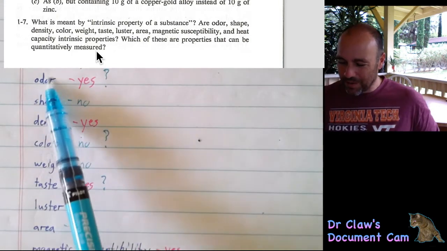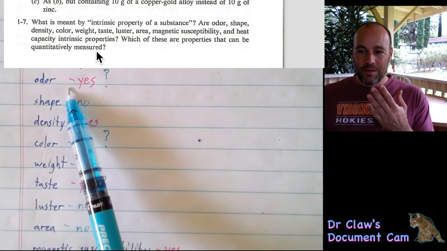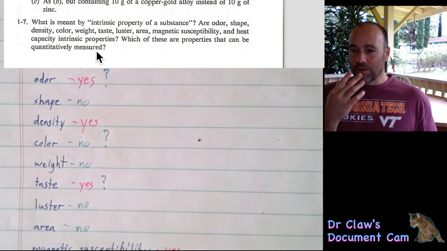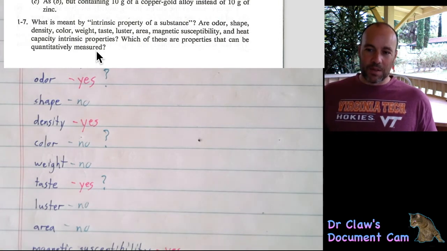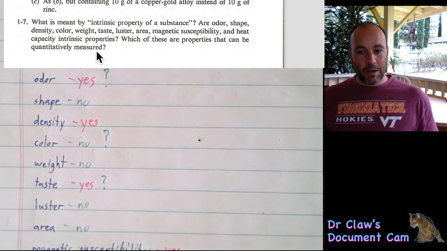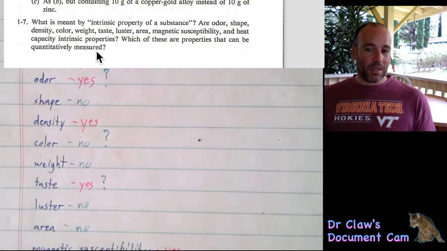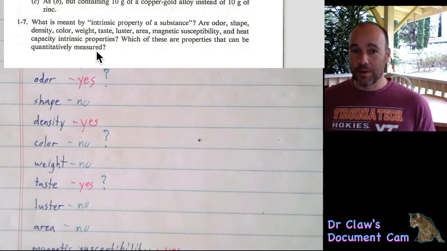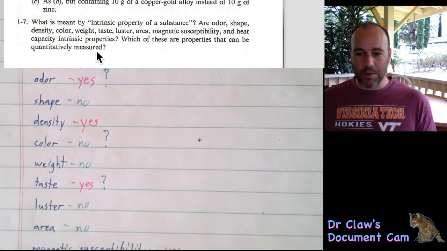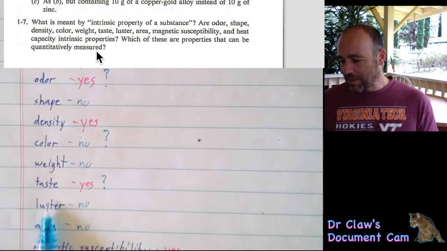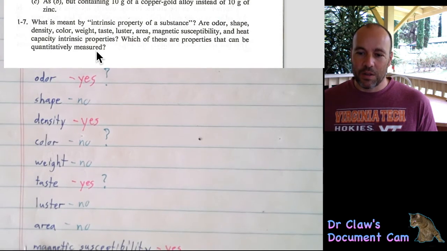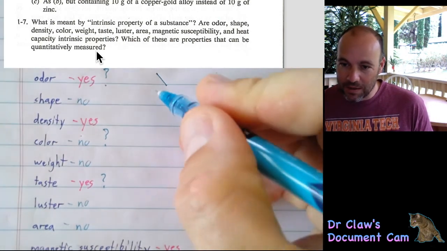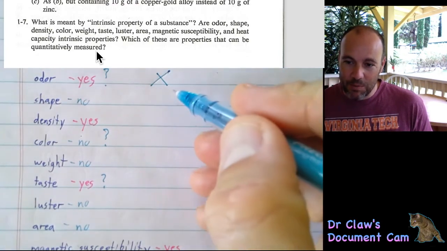Odor, even odor, you know, there are chemical receptors inside your nostril which are affected by chemicals, and if you could somehow measure how many of those chemicals are hitting a receptor per unit time, that would somehow quantify odor. Shape, imagine if you're creative enough, you could quantify all of these. If you're not creative, I would say no, you can't do this one. Shape would be pretty hard.